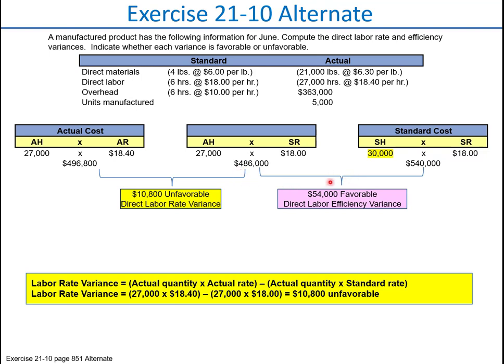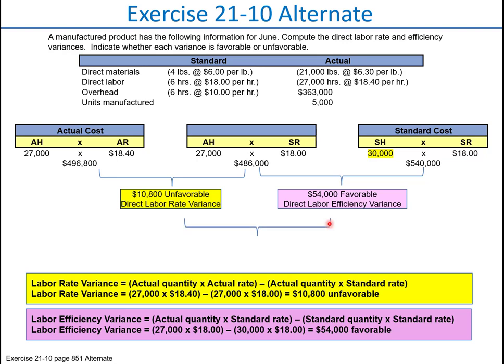The difference between these two numbers. Now that we have an unfavorable variance and a favorable variance, we'll subtract, and whichever one is larger, that's what the total variance will be. 54,000 minus 10,800 is 43,200 favorable total direct labor variance.